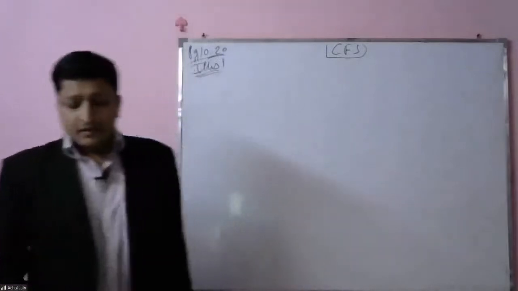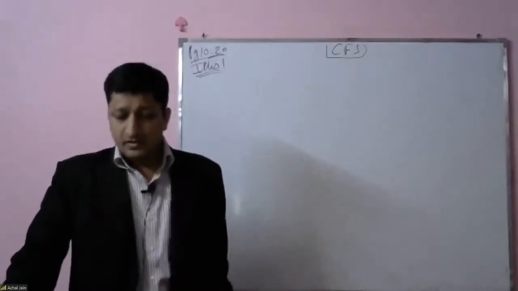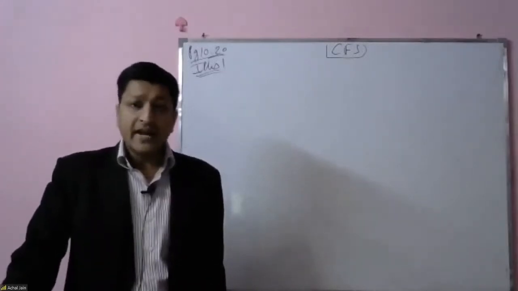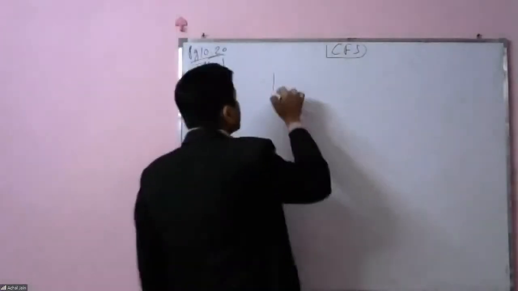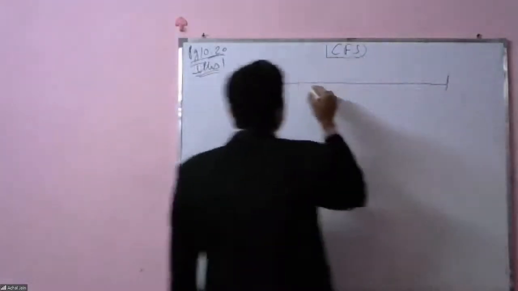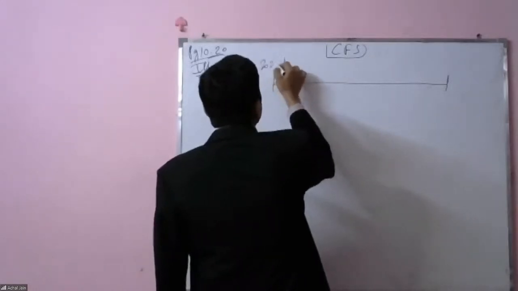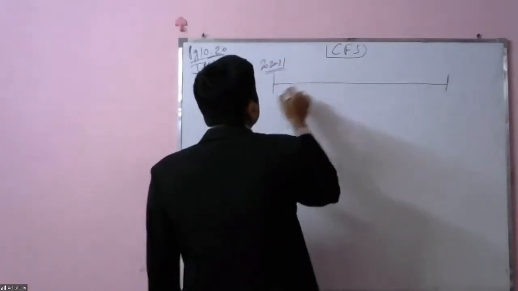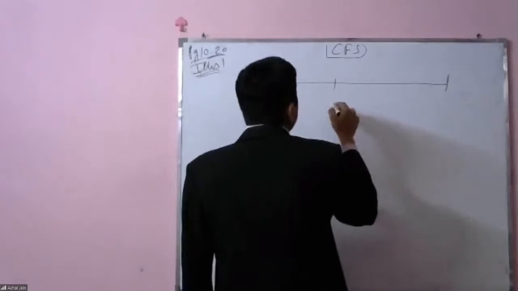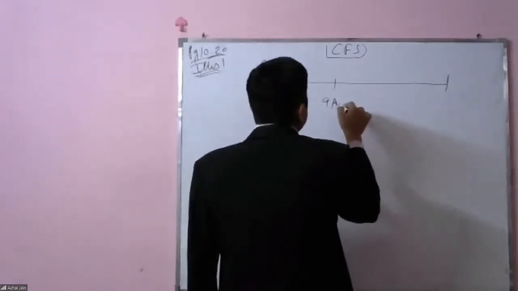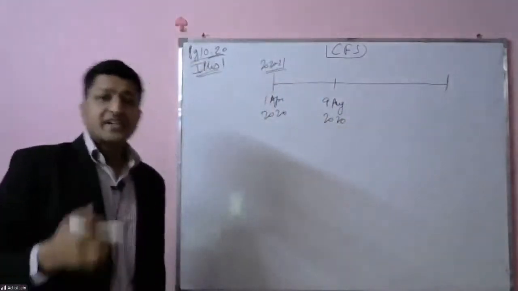From the following data, determine in each case minority interest at the date of acquisition and at the date of consolidation. So let's understand the dates. Say this is 2020-21, so this is 1st April 2020, and sometime on, let's suppose, 9th August 2020, a subsidiary has been acquired.